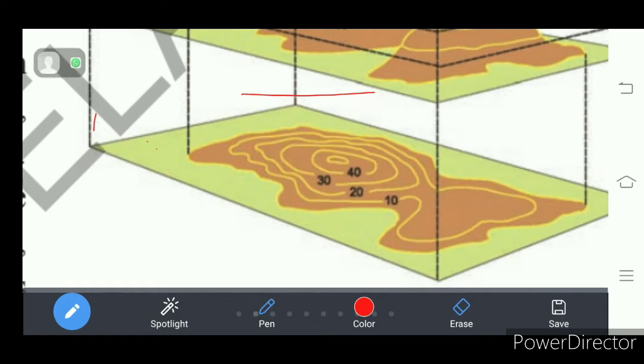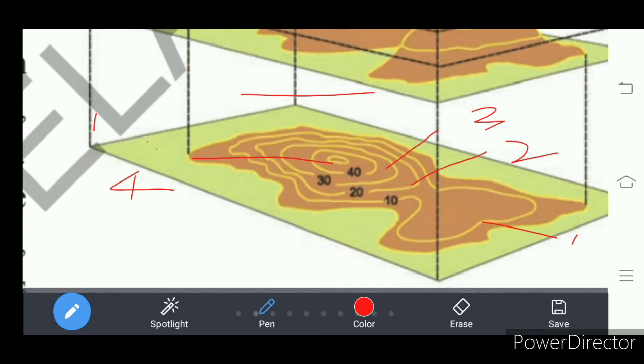Okay. Look at here. This is one line. Here it is a second and third. And this is fourth. Right or not? So there are several lines drawn. These lines indicate height of the place.